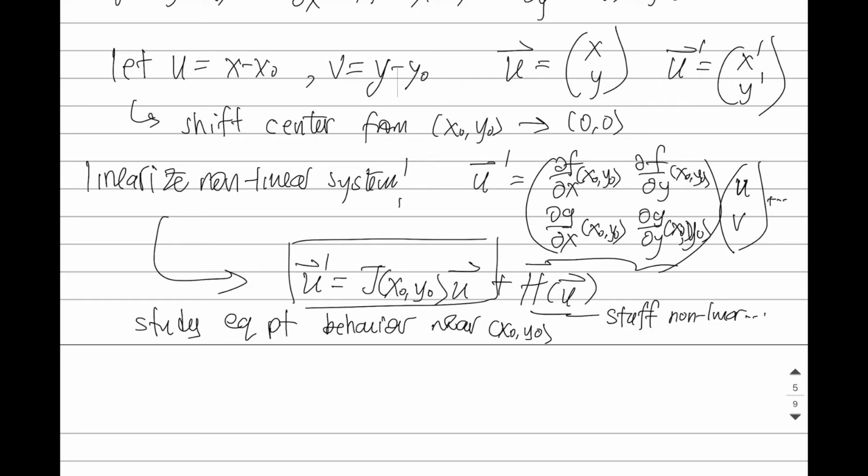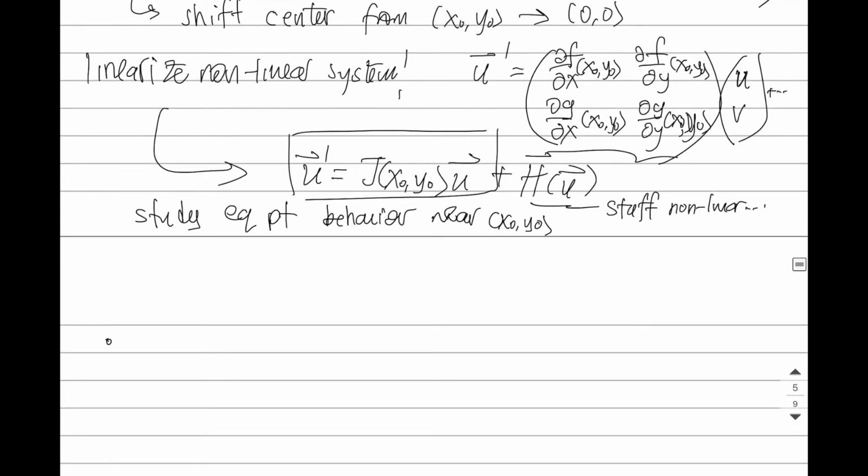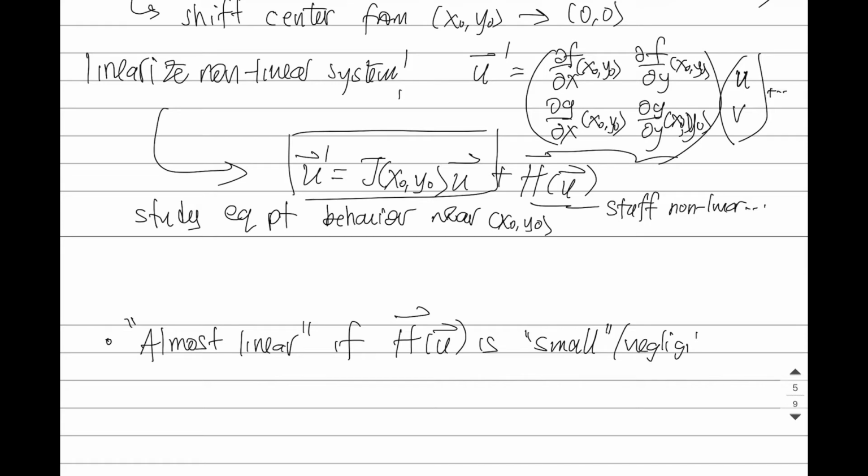Now, there's some terminology. The system is going to be called almost linear if this nonlinear stuff is somehow small or negligible. And there's a simple test.